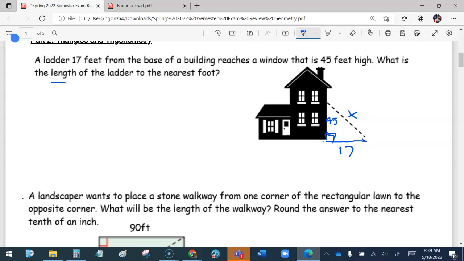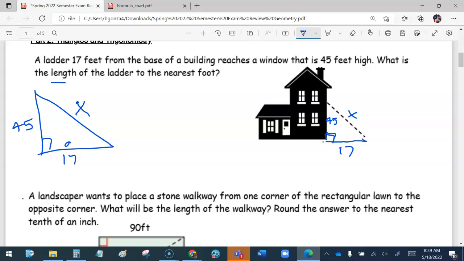Okay, now I'm going to redraw that over here. It's a bad picture, but I got 17, I got 45, and then X. Now, if I have 3 sides, one's missing of a right triangle, we're going to use Pythagorean Theorem, okay?